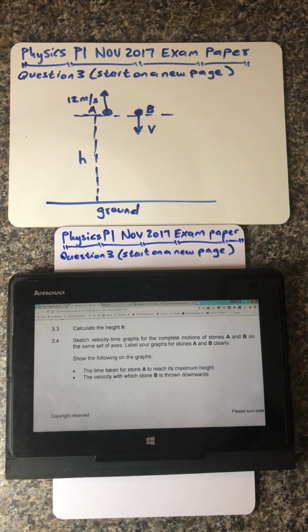Okay guys, so now let's move to question 3.4, and the question reads as follows. Sketch velocity time graphs for the complete motions of stone A and stone B on the same set of axes.